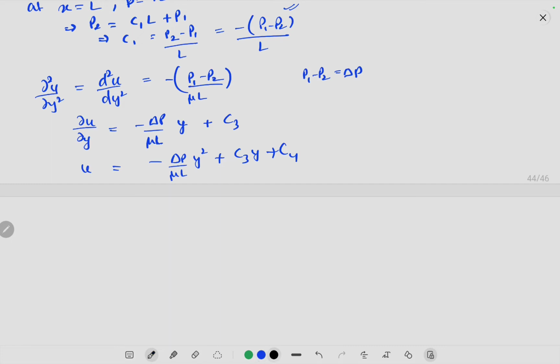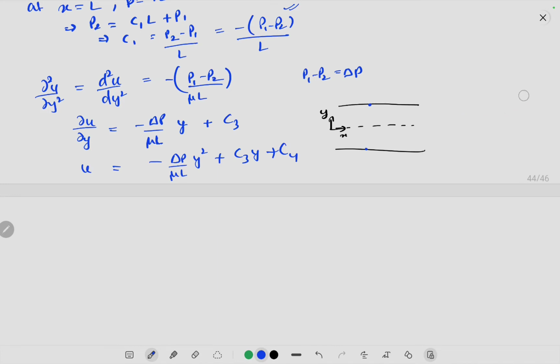Now recall the geometry of the problem. So these were my plates, these are my coordinate axes, x and y. At this point the velocity is 0. At this point the velocity is 0 because of the no slip boundary condition.